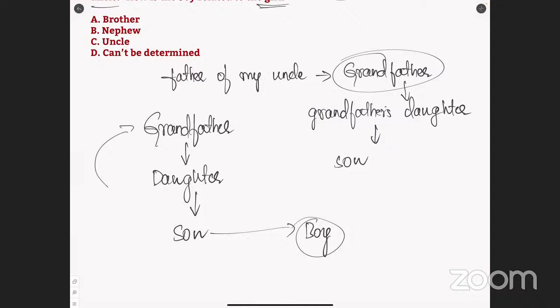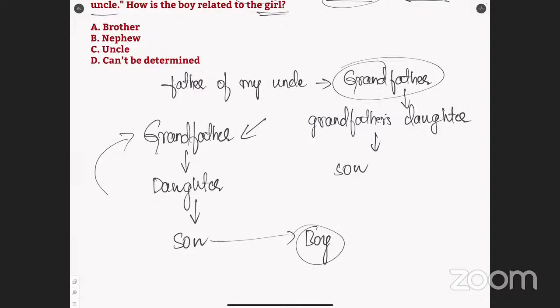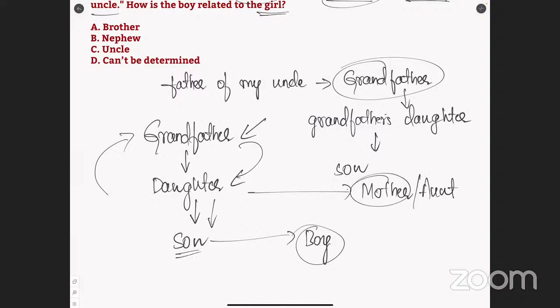Your uncle's father is your grandfather, and his daughter could be either your mother if it is the maternal grandfather, or it could be your aunt. Okay, we do not know that here. Then her son, if this daughter is your mother, then this son will be your brother, and if this person is your aunt, then this person will be your nephew. So if it is mother, it will be brother, and if it is aunt, it will be nephew.